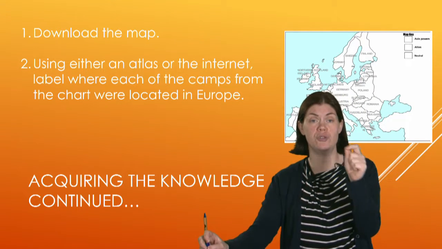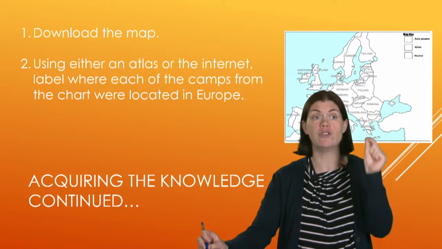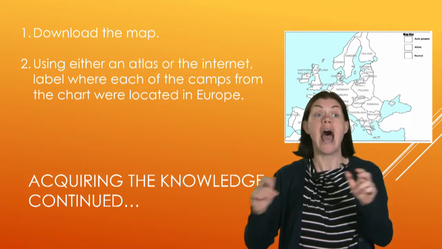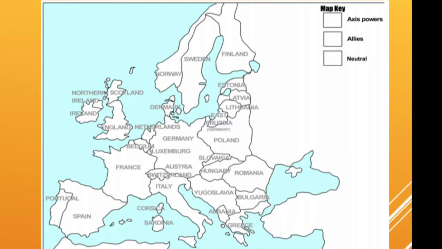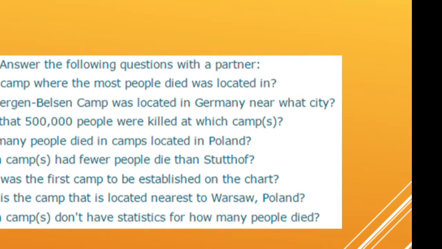And what I want you to do is just find where those camps were located as close as possible, all right? So as an example, let's take that first camp, Auschwitz.